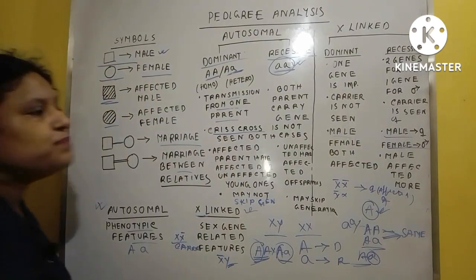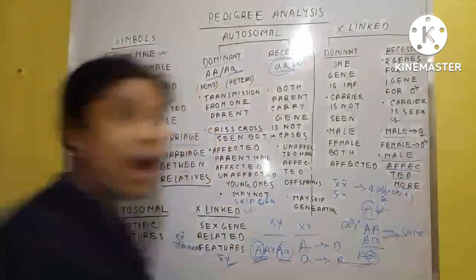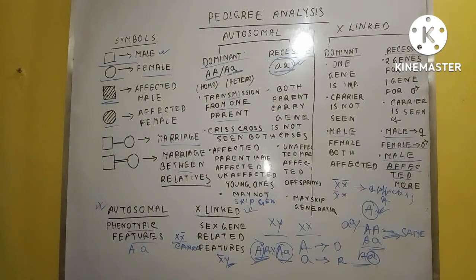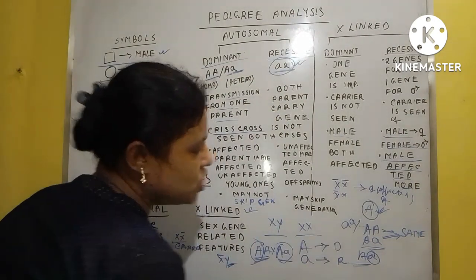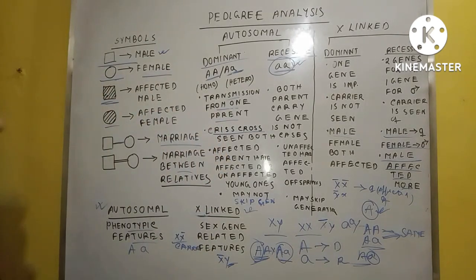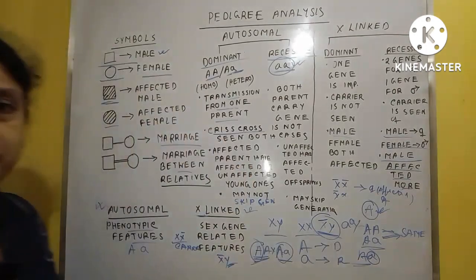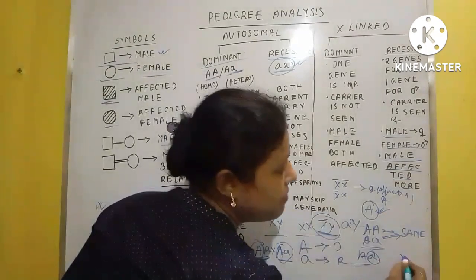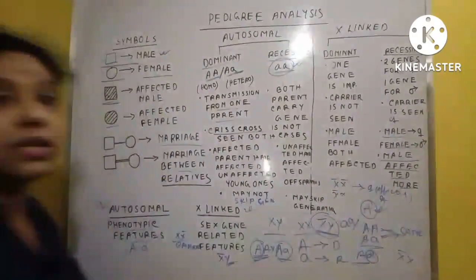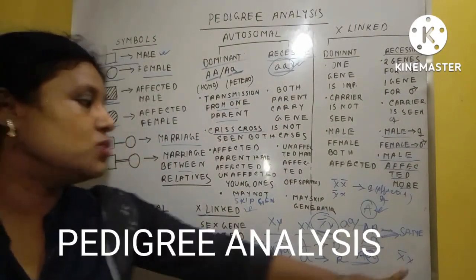Generally males are affected more. Why is this possible? Males are affected because if one gene is diseased, that means in case of male this is diseased. Clear? But in case of female she is a carrier, not diseased. The disease is not seen in that situation.